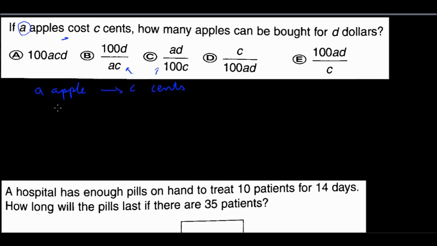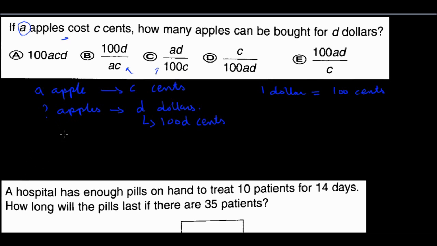I want to know how many apples can be bought for $D. Basically I'm looking for the number of apples. Before I go into this problem, one thing we need to know is that $1 is equal to 100 cents. So if I have D dollars, that represents 100D cents.